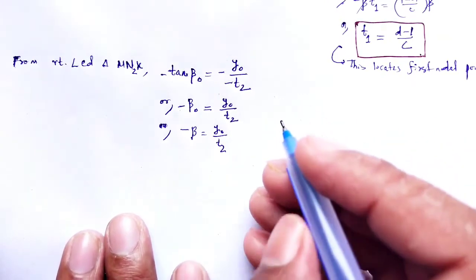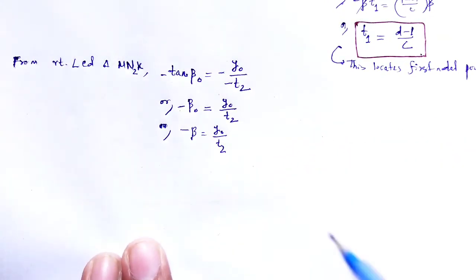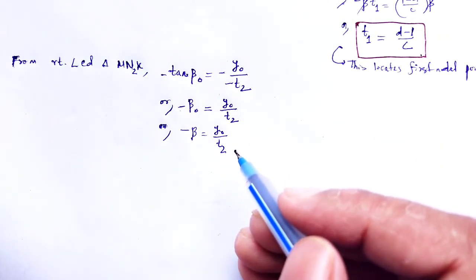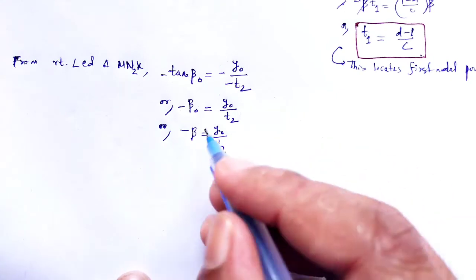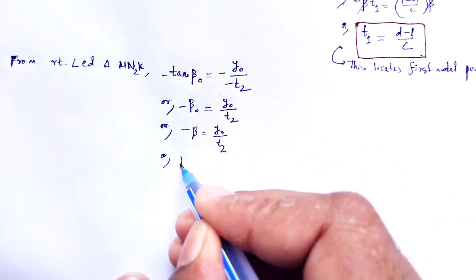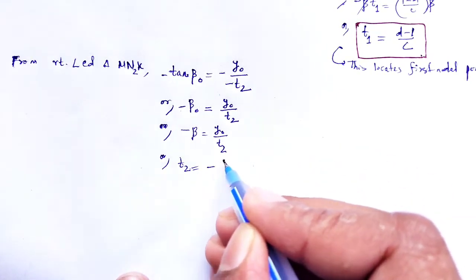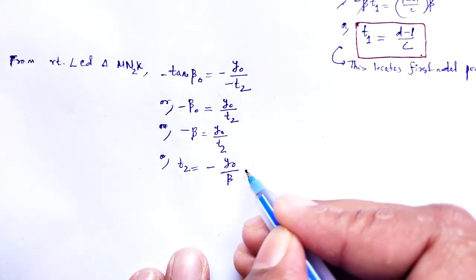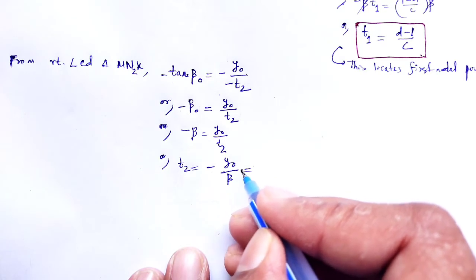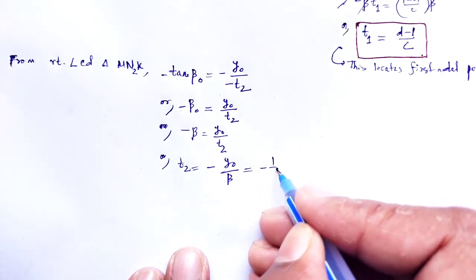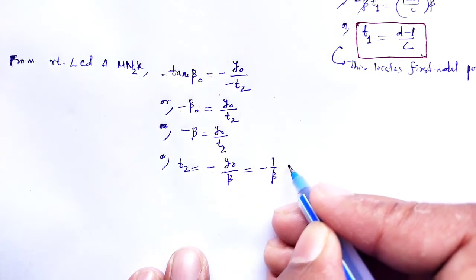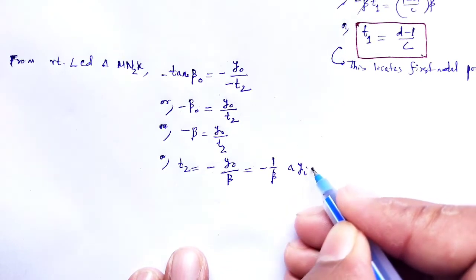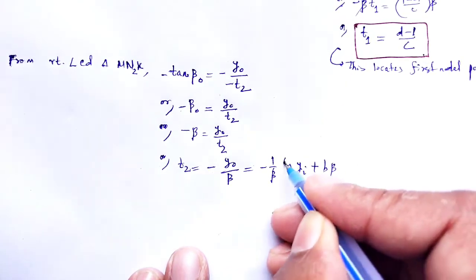Next, y naught by T2 is equal to minus beta, or T2 is equal to minus y naught by beta. So the value of y naught is put here, minus 1 by beta, the value of y naught being A yi plus B beta.